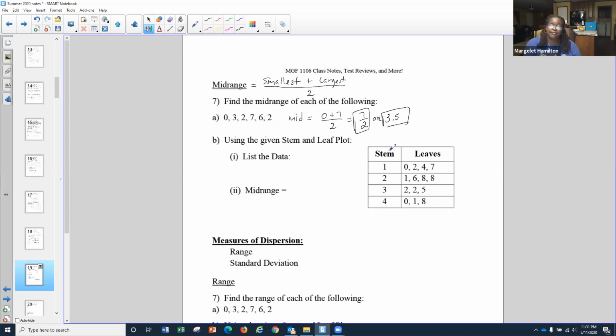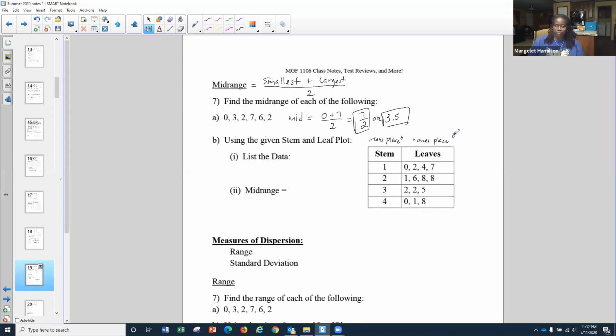That's it. All right, what happens if they give us a stem and leaf plot? If we haven't seen this for a while, let's talk about it. A stem and leaf plot is just a condensed version of writing numbers. You have stems, which represent your tens place, and the leaves represent your ones place.